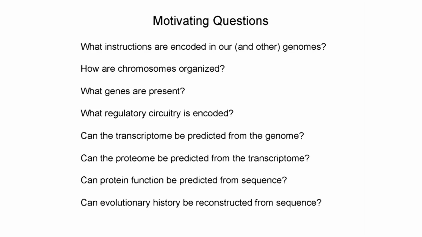Can the transcriptome be predicted from the genome? This is a long-standing question. The proteome can be predicted from the transcriptome in the sense that we have a genetic code and we can look up those triplets.